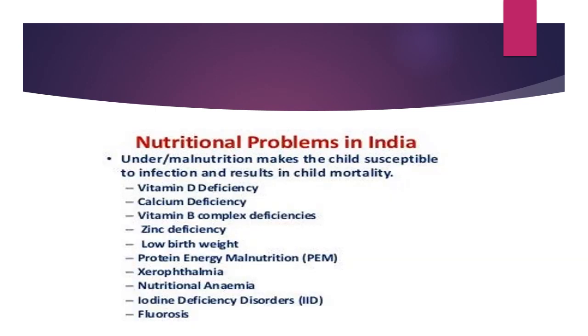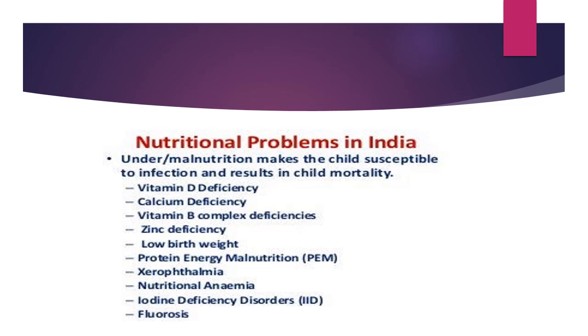And then comes the nutritional problem in India. What nutritional problems does India have? As I said in the introduction, India has more undernourished people, and malnutrition makes children susceptible to infection, which results in child mortality.